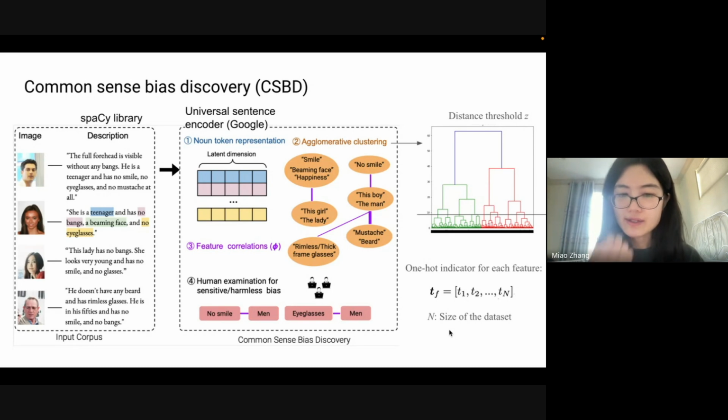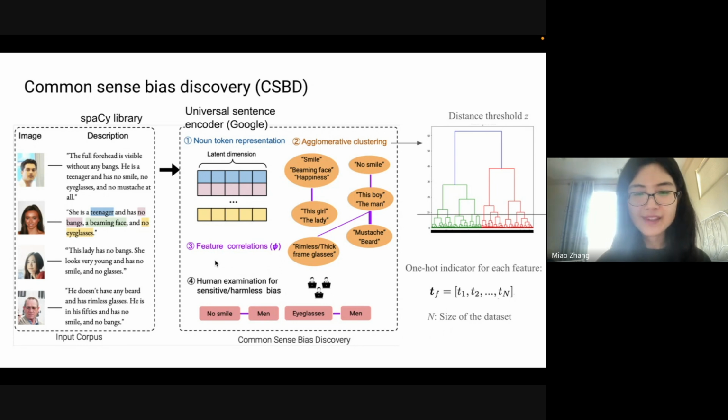With the one-hot indicators, we use the phi correlation coefficient to compute the pairwise feature correlations. The fourth step is optional, but we do think it is necessary and valuable, which is to let a human or domain experts check the bias list and select the harmless ones or sensitive ones.